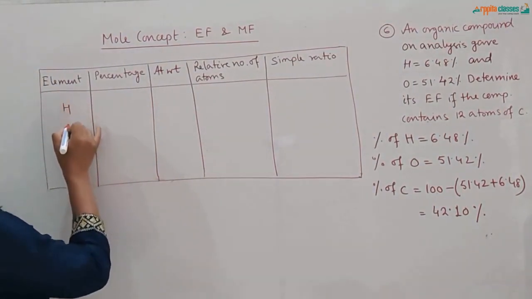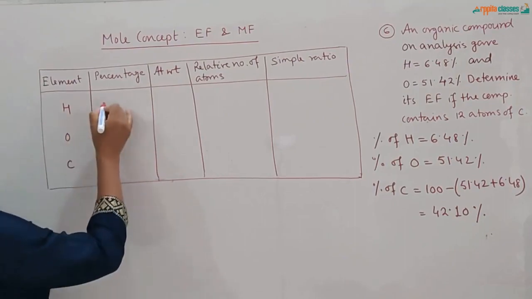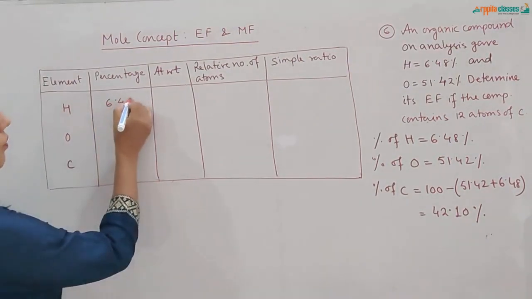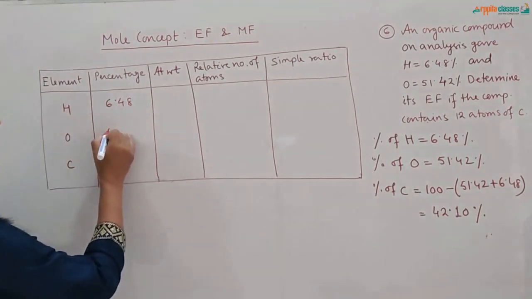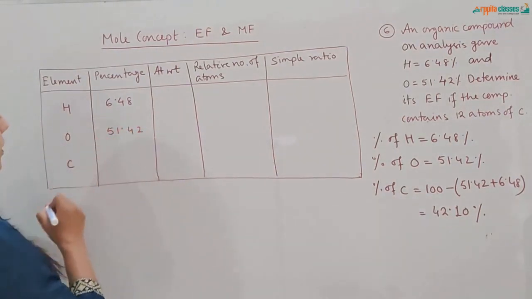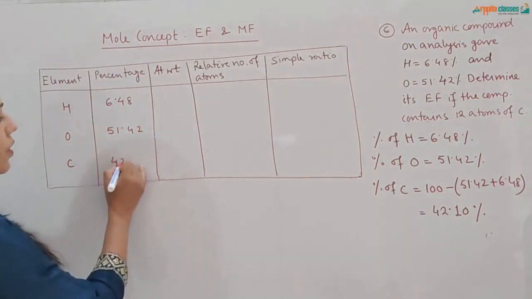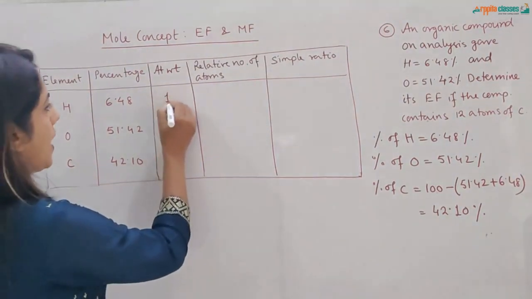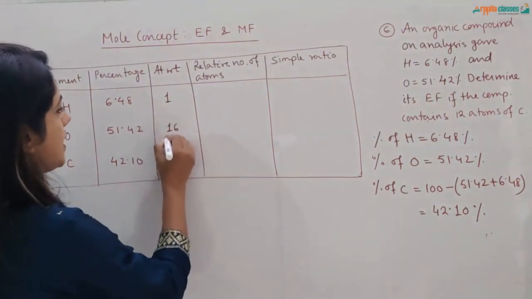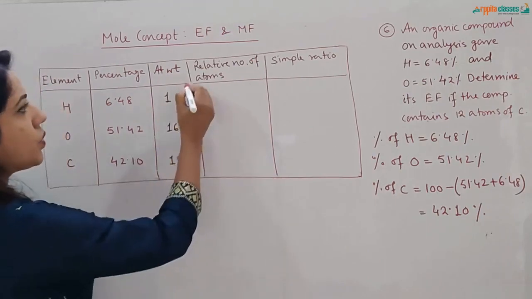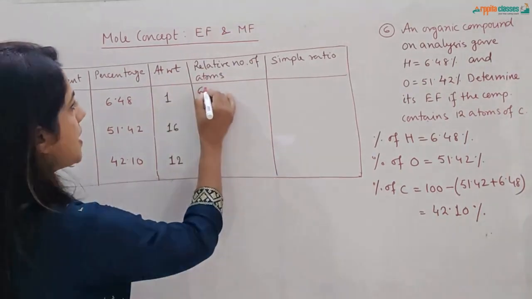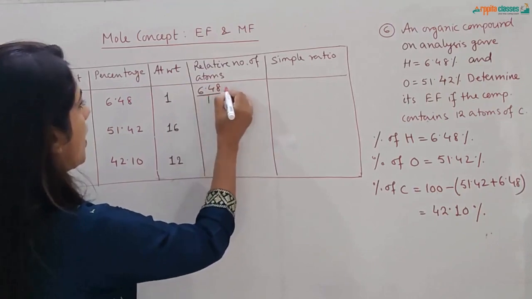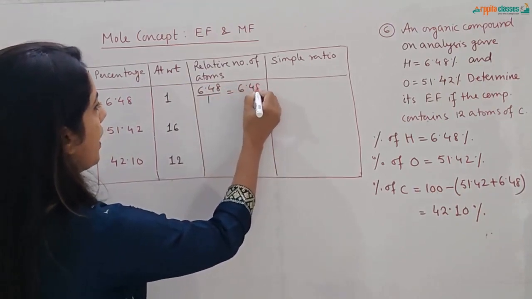So now let us complete the table. Element: hydrogen, oxygen and carbon. Hydrogen is 6.48%, oxygen is 51.42% and carbon has come 42.10%. Atomic weights of hydrogen is 1, oxygen is 16 and carbon is 12. So relative number of atoms, it will be 6.48 upon 1, that is 6.48.